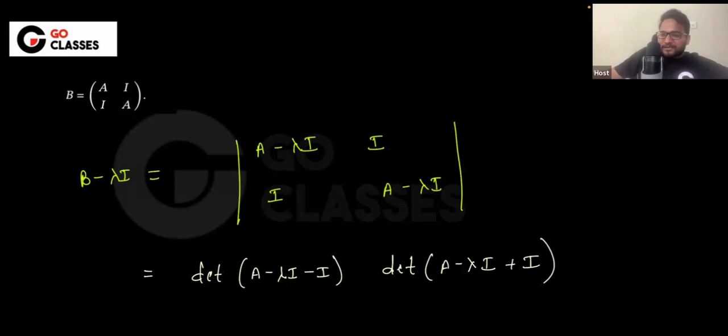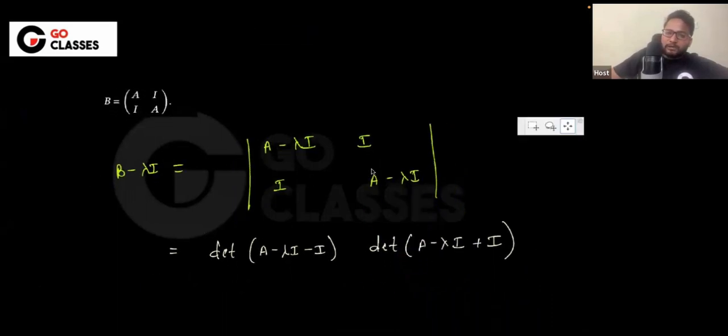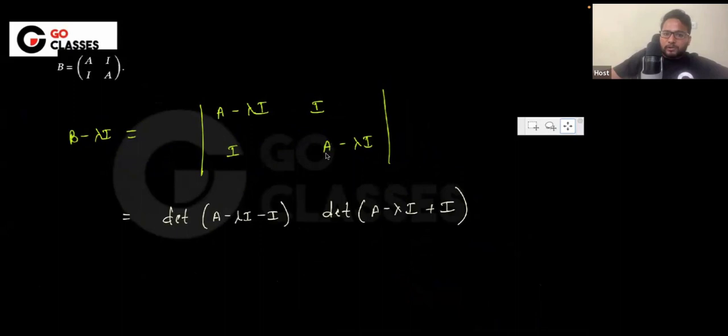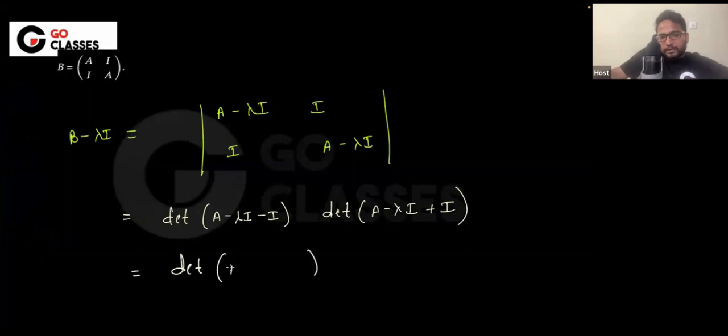Now, can you write this whole thing as the determinant of some matrix minus lambda I, not just a random matrix? So basically, I can write it like this, right?